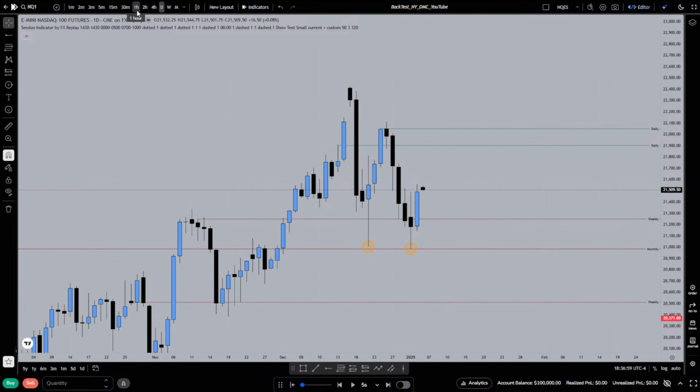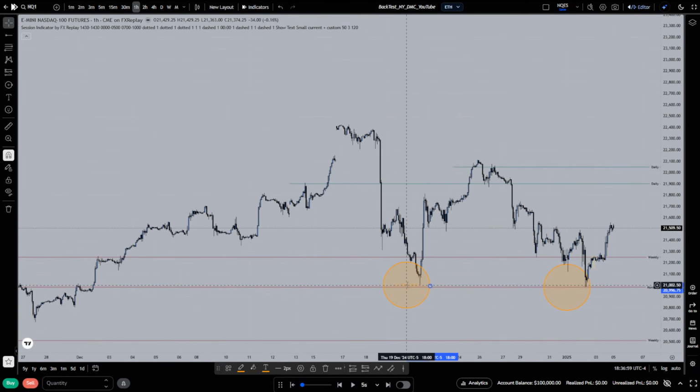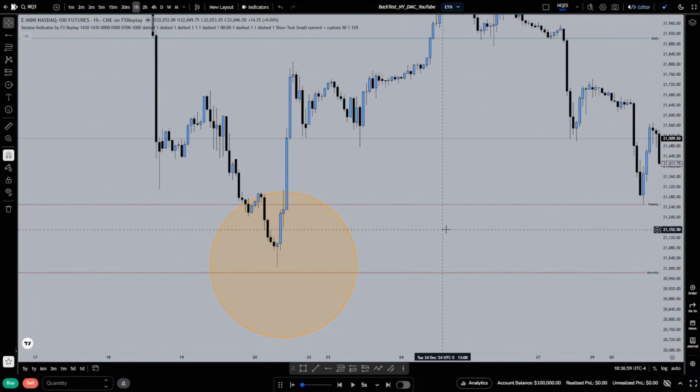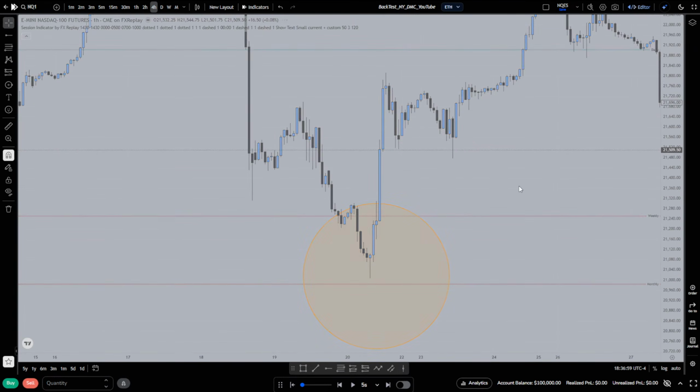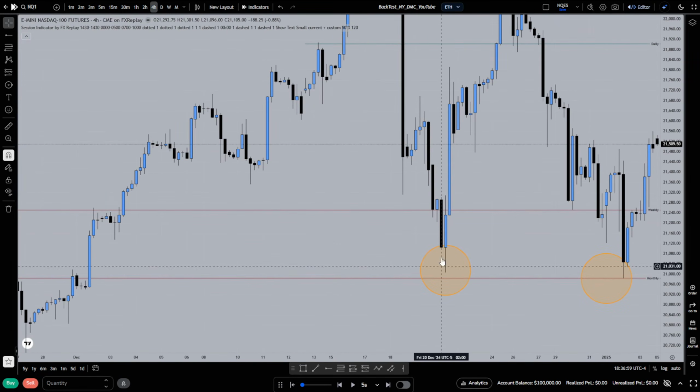Let's say in 1 hour. So this would have broken below this level. Let's go to 4 hours, see if this is better. Yeah, the 4 hour would be kind of a test, but failure to close below it.